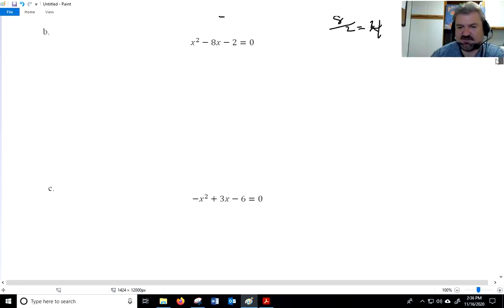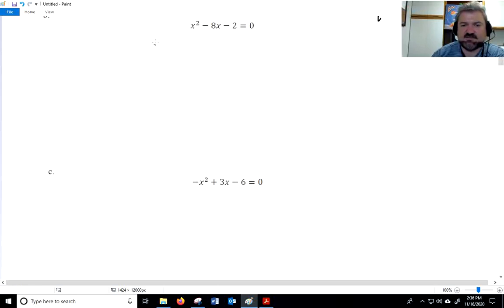All right, let's take a look at another one. X equals opposite b plus or minus the square root of b squared minus 4ac all over 2a. So for this problem, we have 8 for the opposite b, plus or minus.